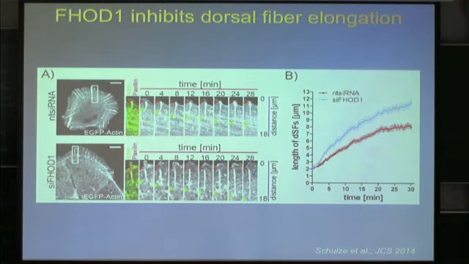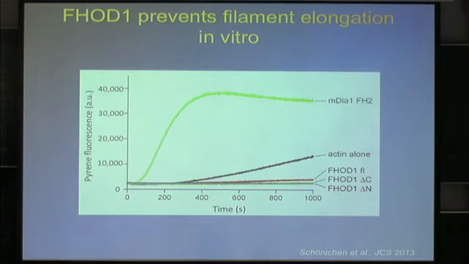Also in FHOD-depleted cells, which don't have functional FHOD anymore, the size of those fibers was enlarged compared to control cells. So this means that it negatively regulates those fibers.